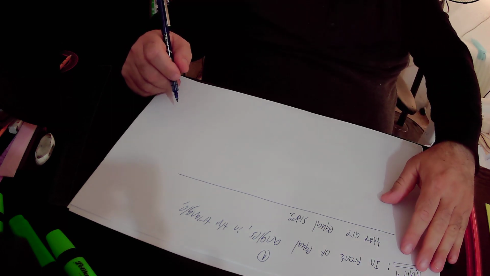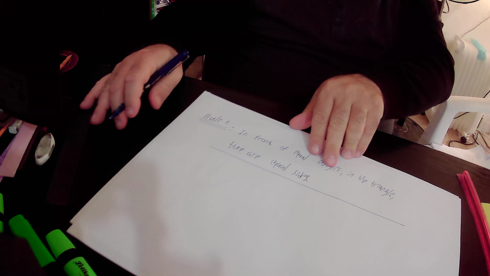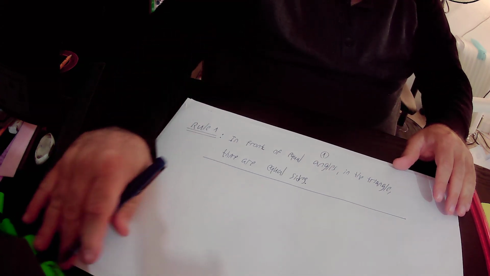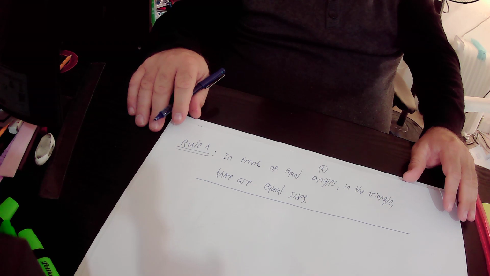So I'll write rule number 1 again. According to rule number 1, in front of equal angles in the triangle there are equal sides.